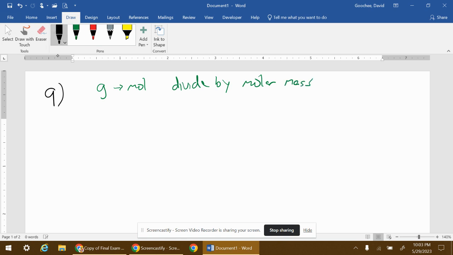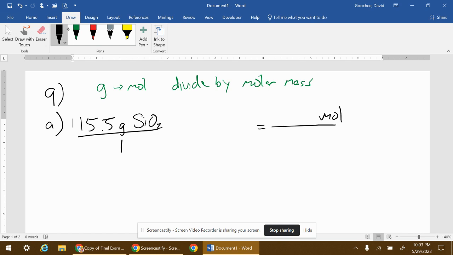Here we go. So 9A, we have 15.5 grams of silicon dioxide. All right, silicon dioxide is SiO2. So we want to figure out how many moles of silicon dioxide that is.